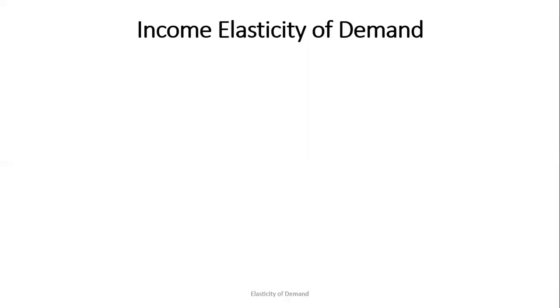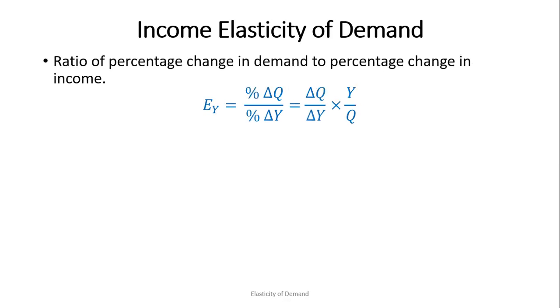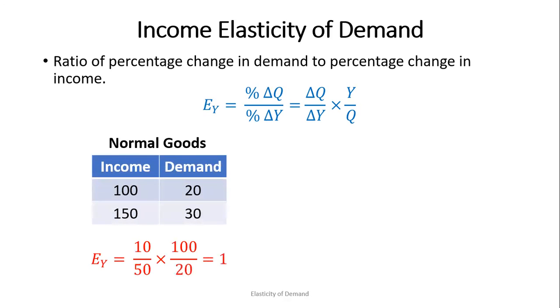Next, we discuss the income elasticity of demand. Students, by income elasticity of demand, we mean to measure the change in demand due to percentage change in income. This can be calculated using the formula given. Let's take an example of normal goods.